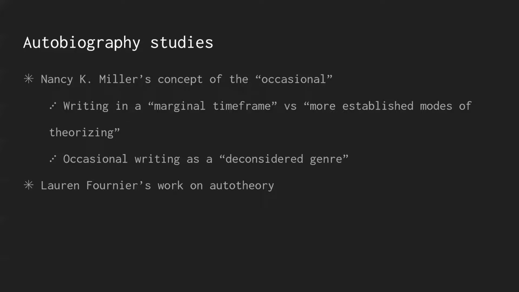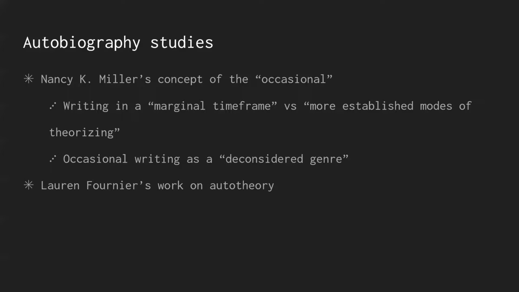She describes the concept of occasional writing, which she describes as writing in a marginal time frame, instead of a more established mode of theorizing. She also describes occasional writing as a deconsidered genre, basically meaning that it's a domain that is not unnoticed, but it's actually disregarded, something to avoid taking too seriously. This could easily apply to data practices, especially non-typical visualization methods such as textile art, which I'll talk about a little bit more later.